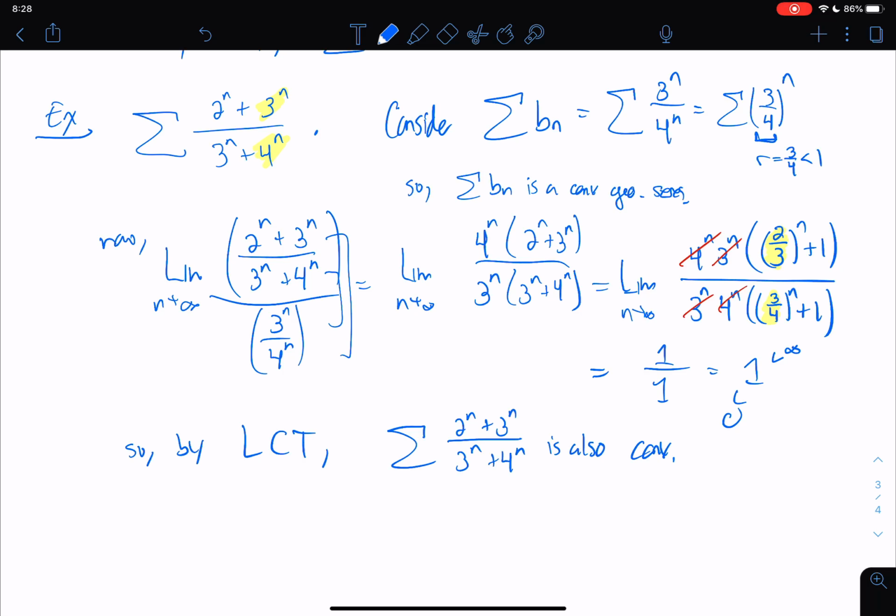So this last one I think is maybe a little bit the trickiest, and admittedly I thought we were going to go down the direct comparison route, but when we hit that dead end that said we were now larger than something divergent, that tells me I should try the limit comparison test. When I tried the limit comparison test, again, we just isolated the fastest growing items in the top and the bottom, and that was my item to compare to.